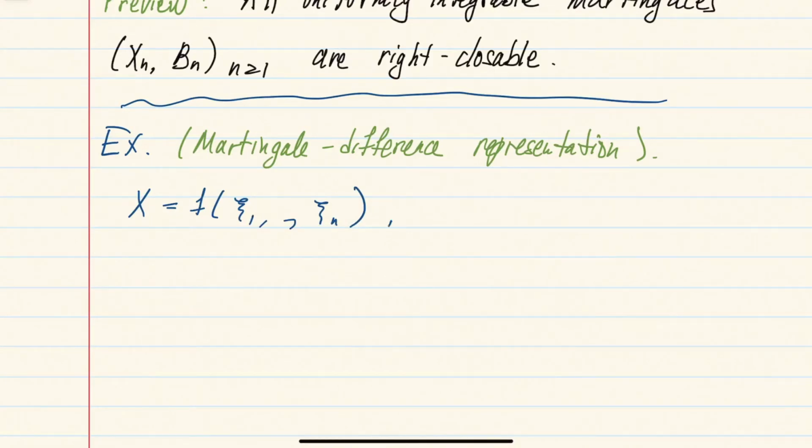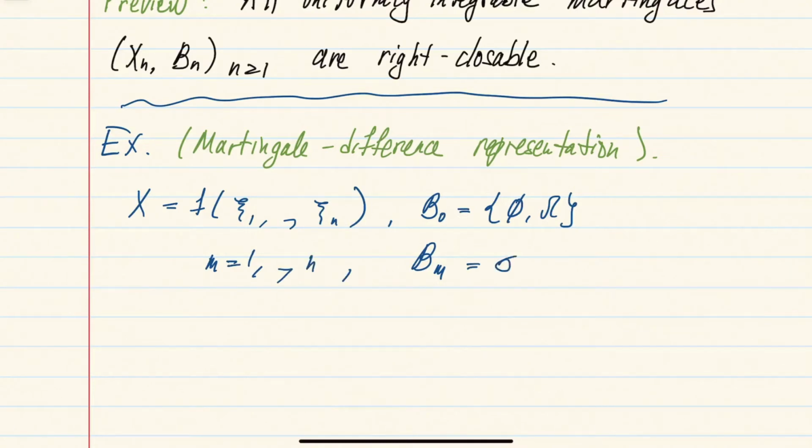And so what we did is we consider sigma algebra B0, which was just a trivial sigma algebra, and then sigma algebra Bm for m from 1 to n. It was the sigma algebra generated by the random variables xi1 up to xim.